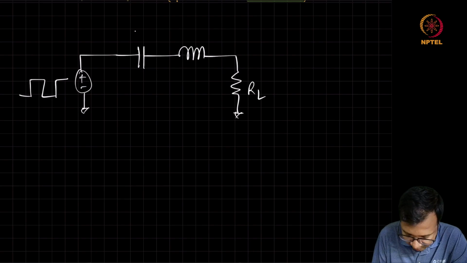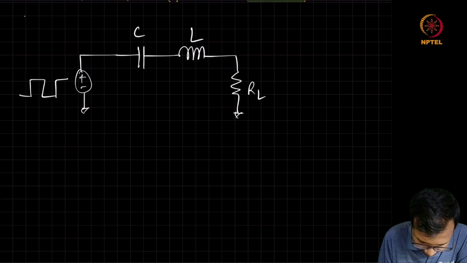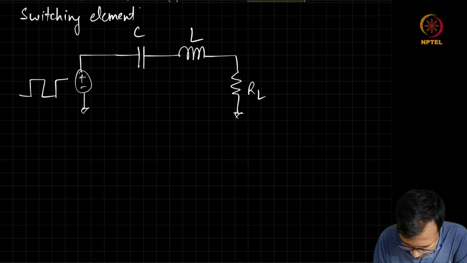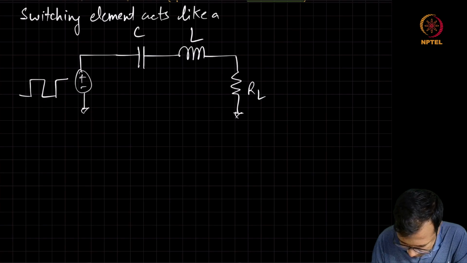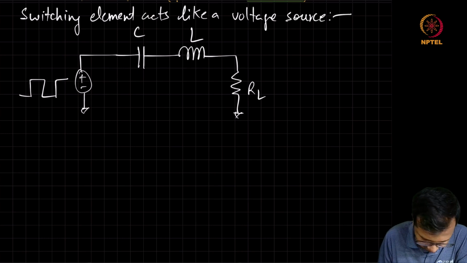This is the load C and L. This is the case when the switching element acts like a voltage source.